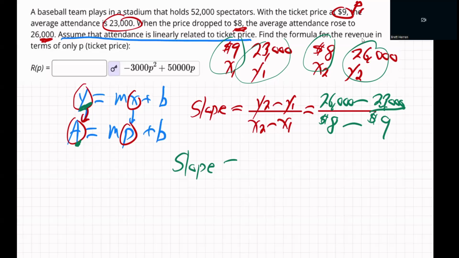So then the slope is 3,000 over minus 1, which is minus 3,000. So the slope's minus 3,000.